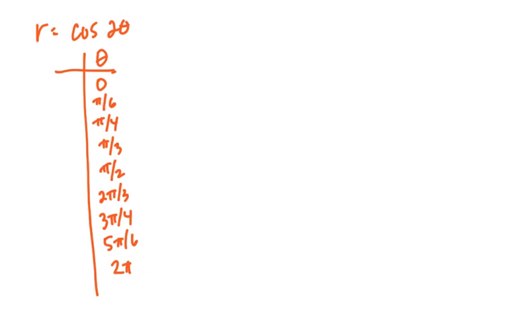So cosine of 0 is 1. Sorry about that delay there. I need to build a triangle. You either memorize the unit circle or you learn triangles. For those of you who do triangles with me, this is for you. For those of you who memorize the unit circle, go for it.